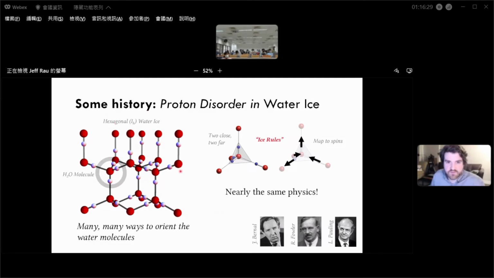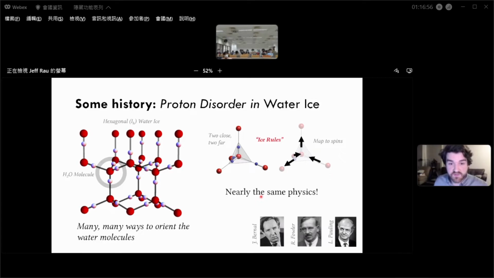This is hexagonal water ice. There's a whole bunch of different kinds of water ice. But once you fix where the oxygens are, you have to decide where these hydrogens go. And because of the residual charge on these things, you don't want two hydrogens pointing in the same direction. You want those hydrogens pointing at the oxygens. And so you have to try to arrange an individual hydrogen so the orientations of the surrounding molecules sort of avoid each other.